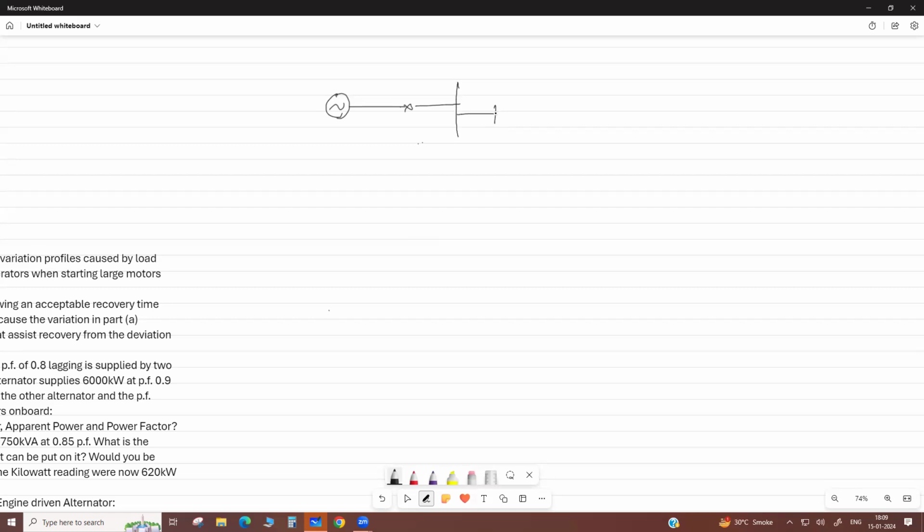Suppose here a load is connected. Okay, this is load in kilowatt. When we vary this load, there is a bus bar voltage and frequency.